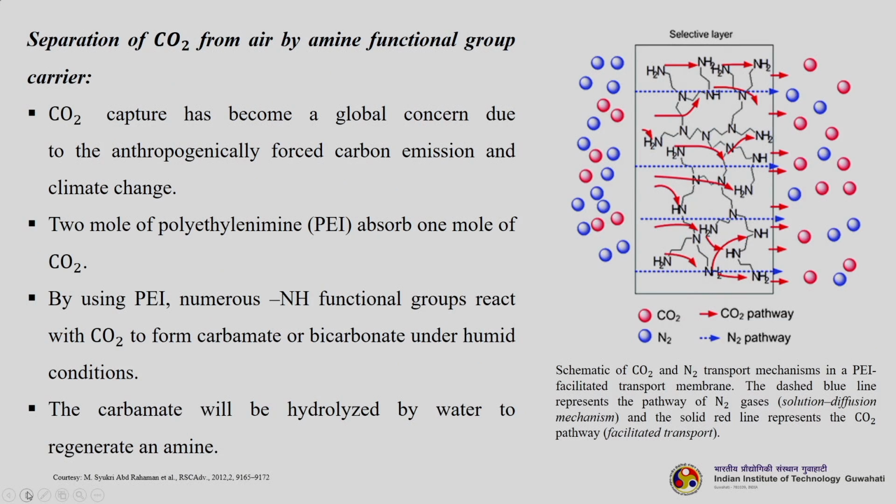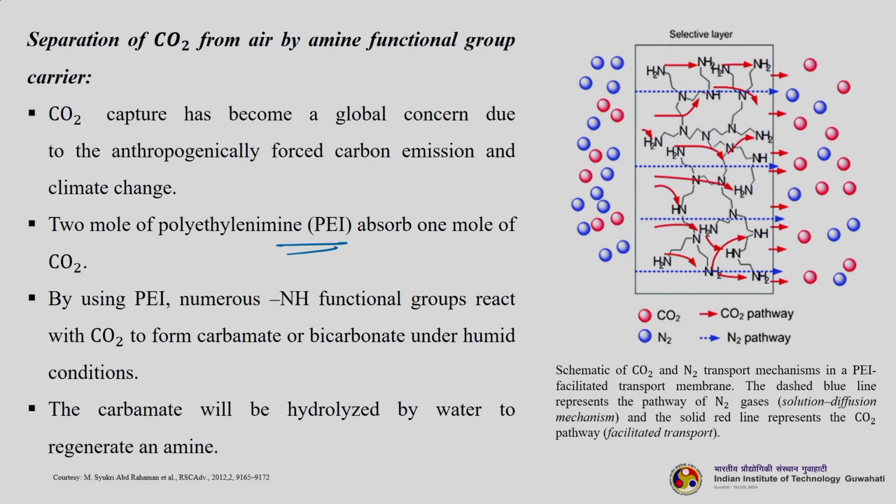Another example is the separation of carbon dioxide from air by an amine functional group carrier. Now, carbon dioxide capture has become a global concern due to anthropogenically forced carbon emission and climate change. 2 moles of polyethyleneimine absorb 1 mole of carbon dioxide. This is the membrane material.